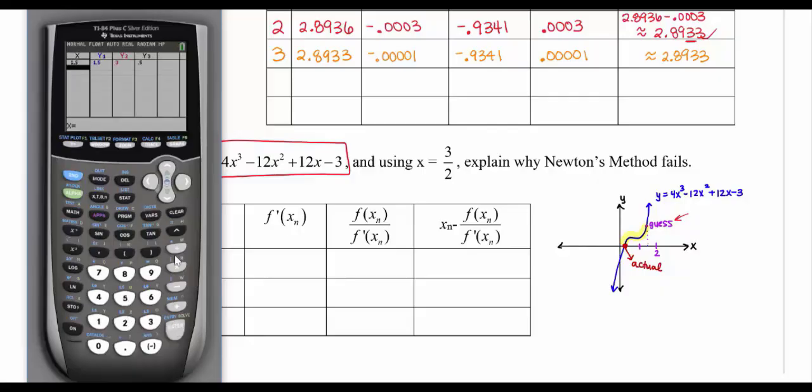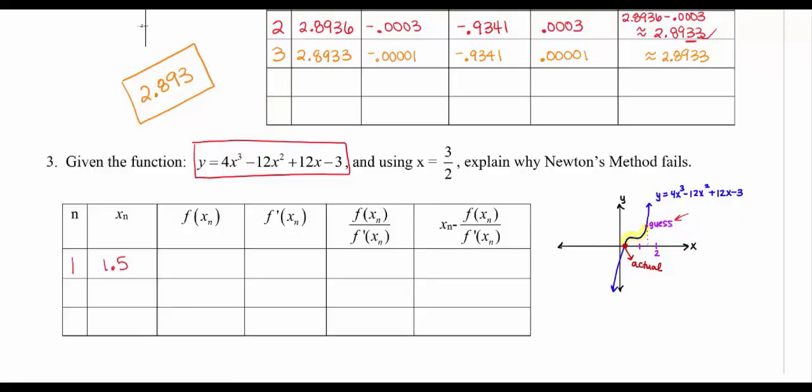Okay, so let's see here. If I evaluate my function at 1.5, I get 1.5, then 3, and then 1/2. So when we divide this, we end up getting 1/2. So really, my second guess should be a 1. So my second guess, I will use a 1. And I can usually calculate pretty quickly here without using my calculator with a 1.